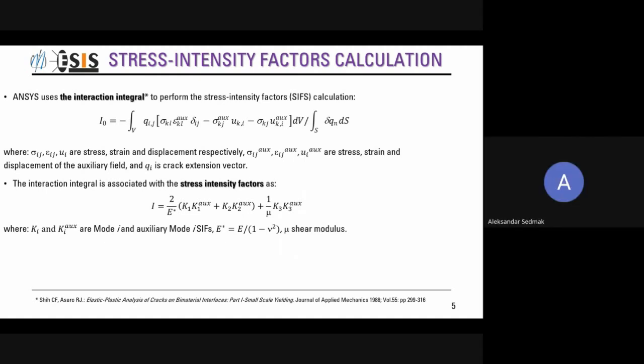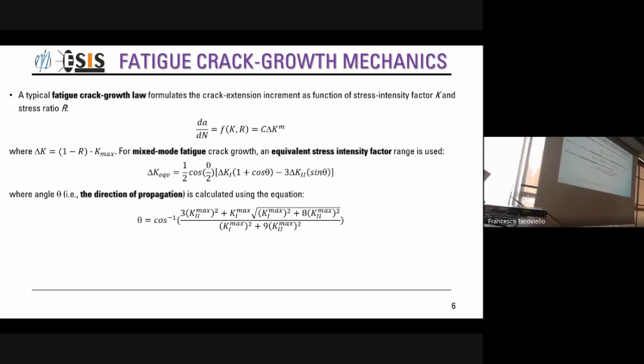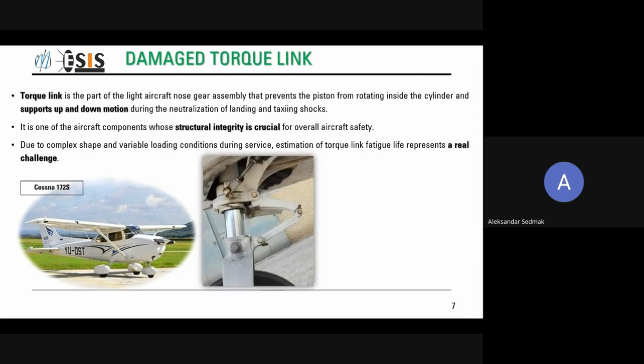Next one, that are built in, and also fatigue expressions, including direction of propagation. We are not now concerned too much about it. It's simply built in the software, but it's good to know how it is done. Next. Now we go for these two case studies.